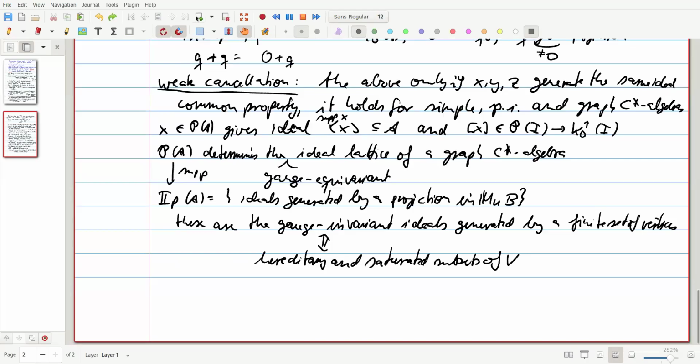So the existing results that classify graph C-star algebras would use exactly such kinds of invariants.